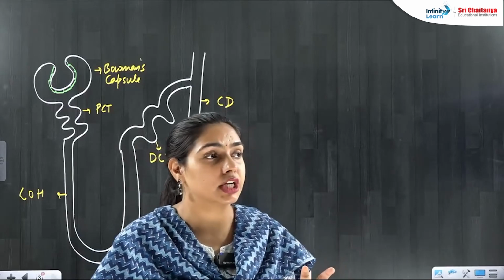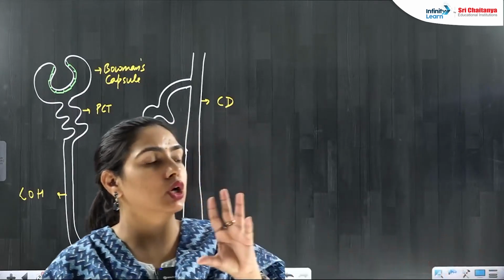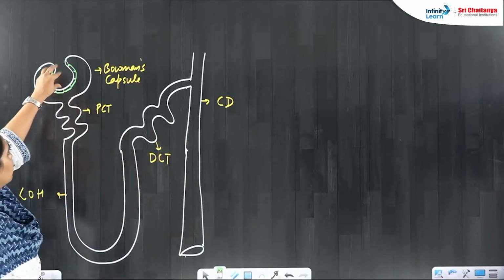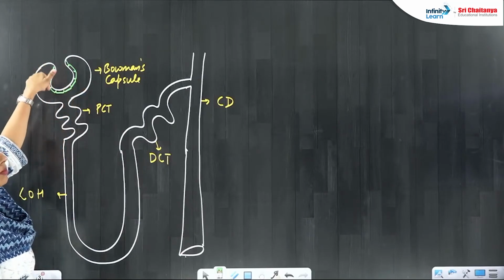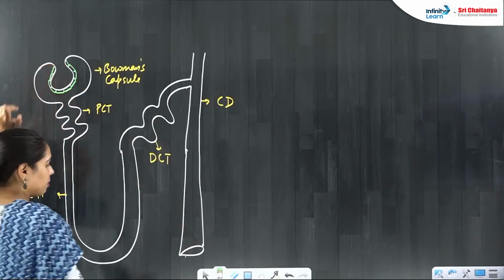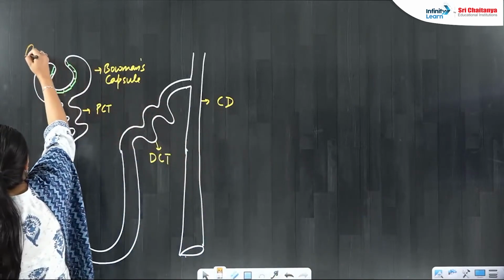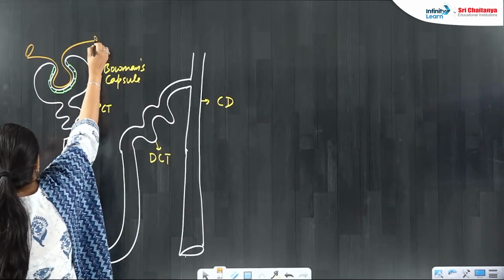Bowman's capsule is not part of the glomerulus. Glomerulus is different, and Bowman's capsule is different. Bowman's capsule is part of the renal tubule. One more part is the glomerulus, which is coming here. This is a network of blood capillaries.